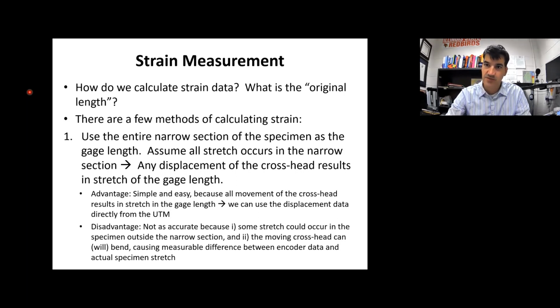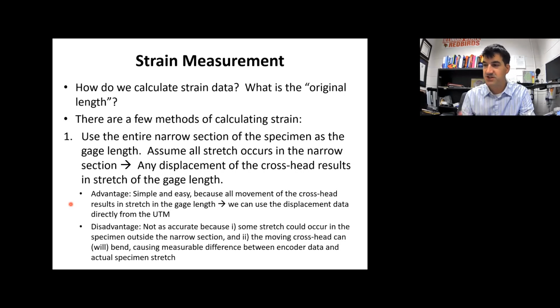It's not always. So this is to say that any displacement of the moving crosshead results in stretch of the gauge length of the part. This is the easiest way because this is what's naturally spit out by the UTM machine, and it's pretty simple and straightforward.